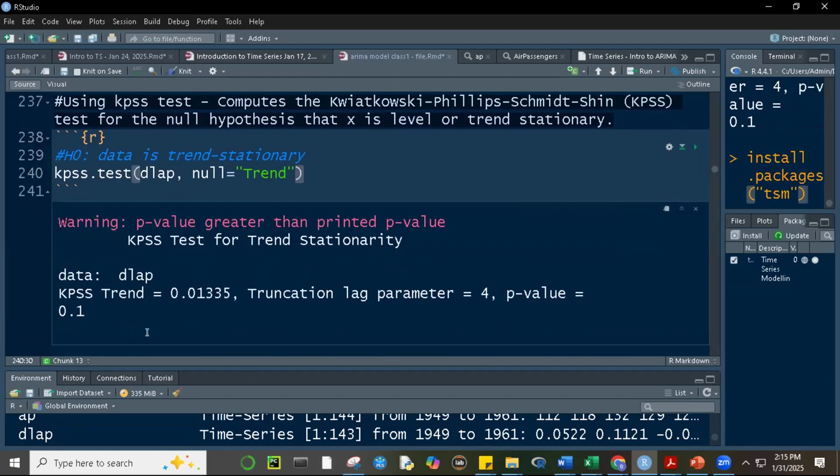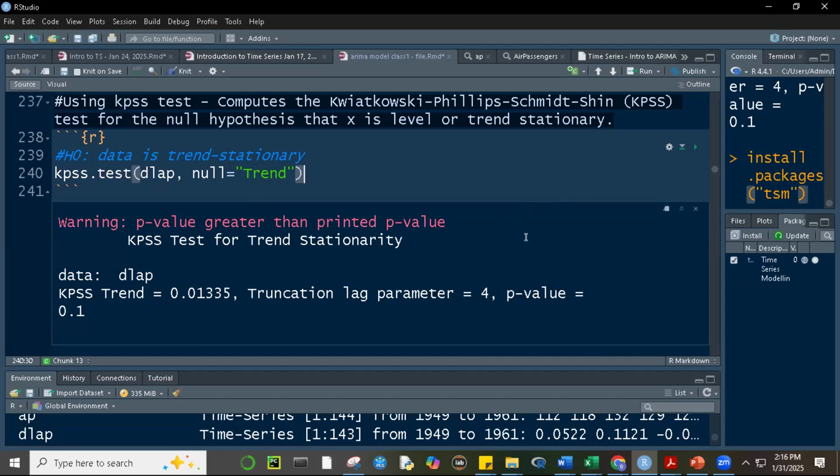And what do we have here? What's our null hypothesis? The null hypothesis is that the time series DLAP is trend stationary, meaning it has a constant average.